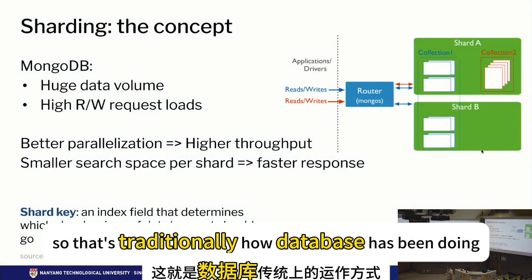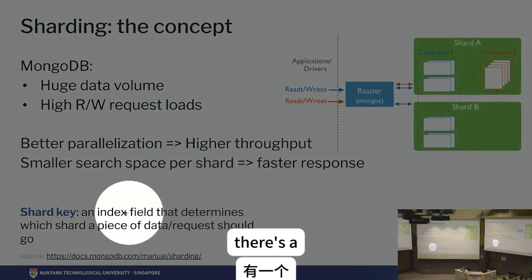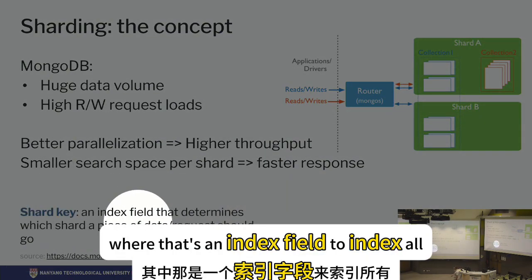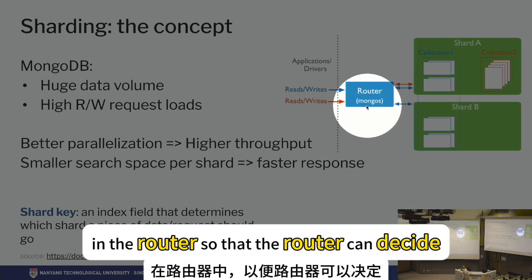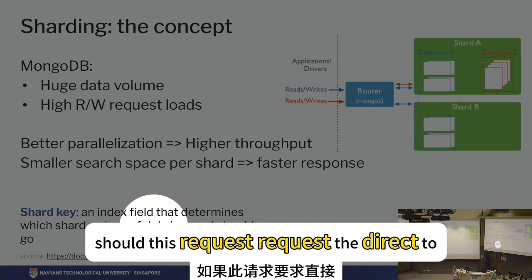So that's traditionally how databases have been doing it. As I mentioned, in order to do the index, there's a terminology called shard key, which is an index field to index all the data in the different shards in the router, so that the router can decide which shard this request should be directed to.